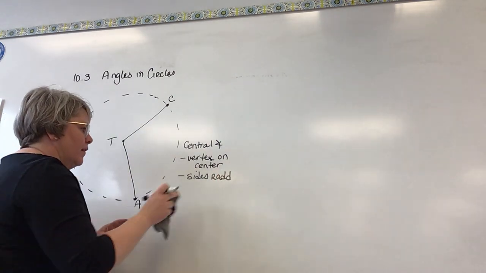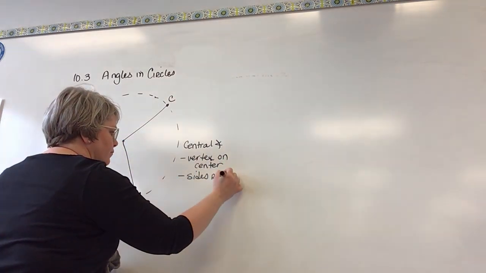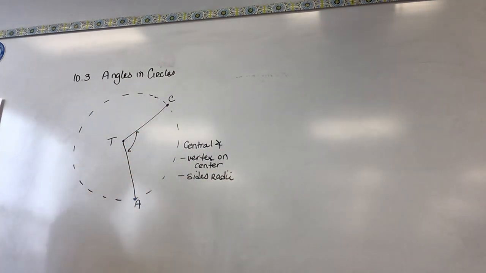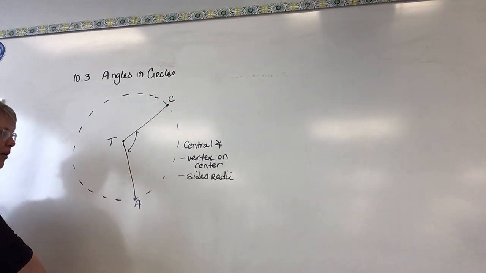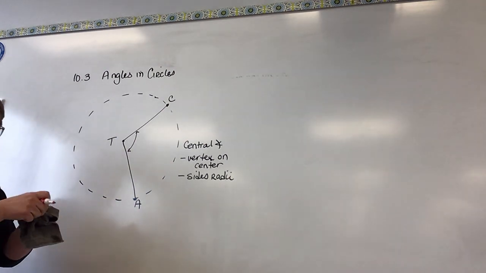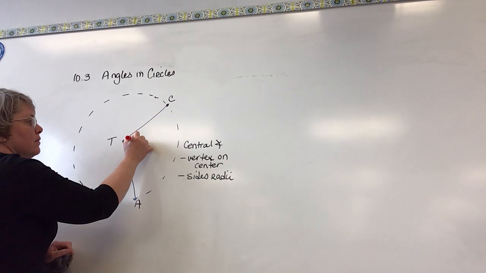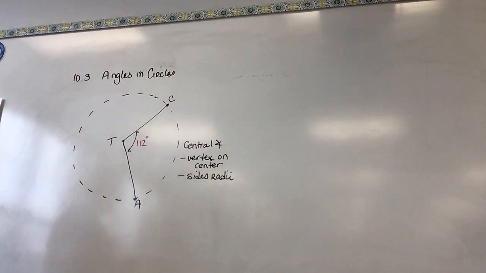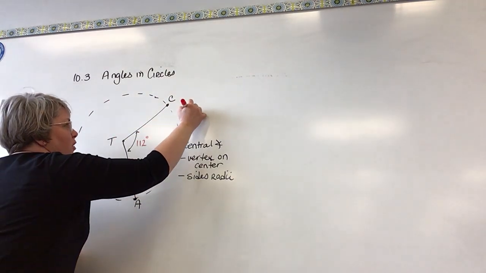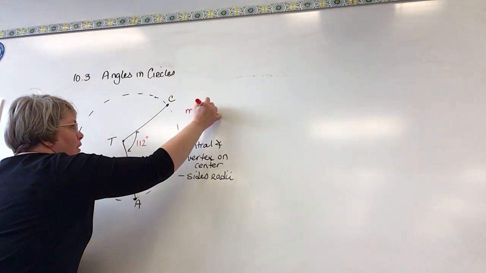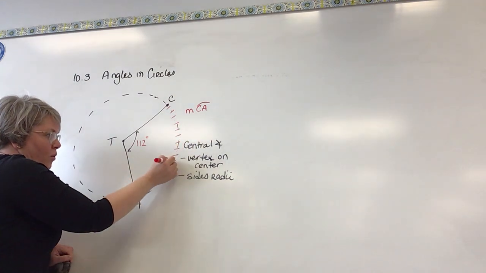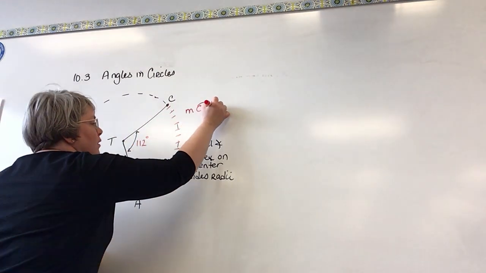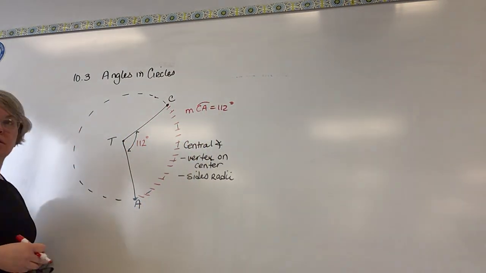Your angle has two sides that are both radii. We had one theorem about him: the measure of the central angle, he's 112 degrees, then the measure of the arc that it opens up to, or the pizza crust that it opens up to, is also 112 degrees.